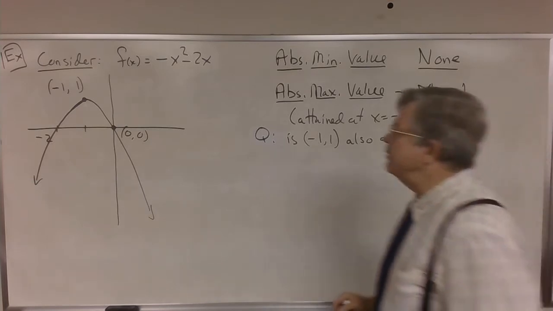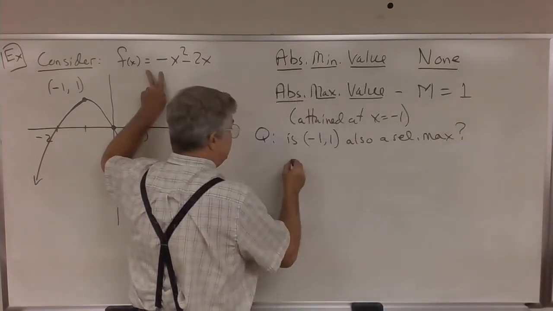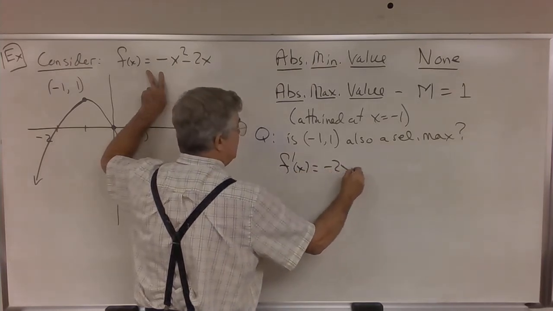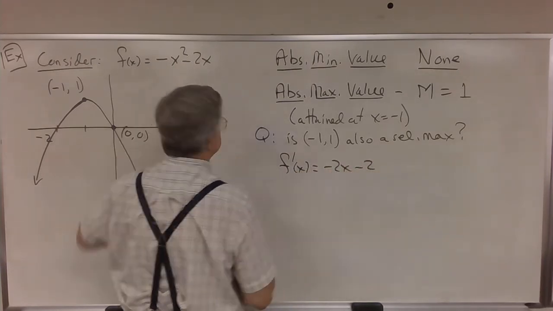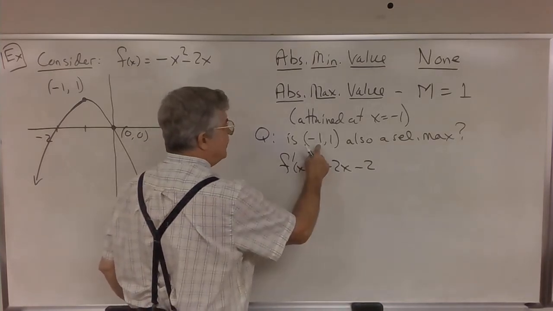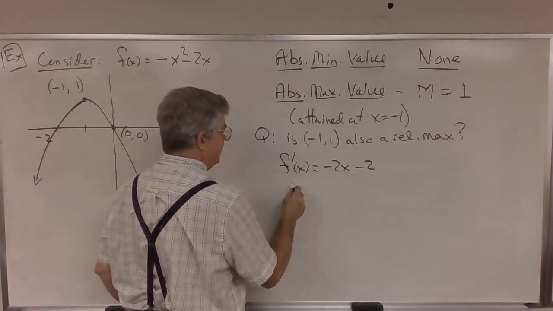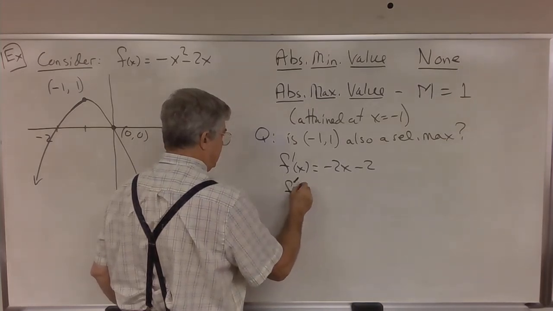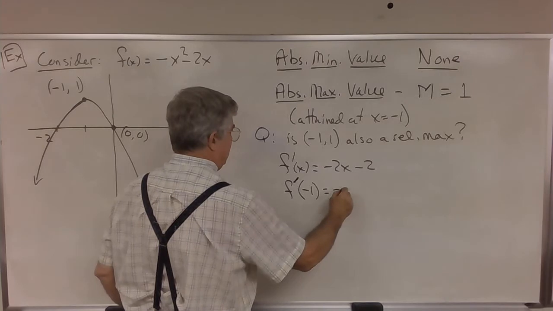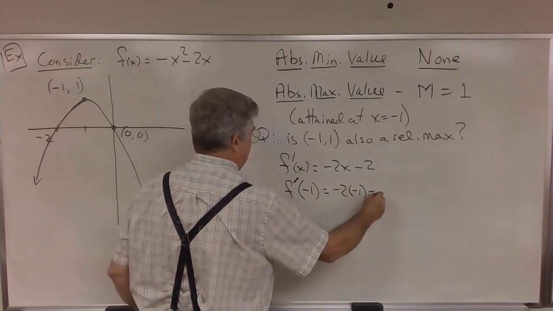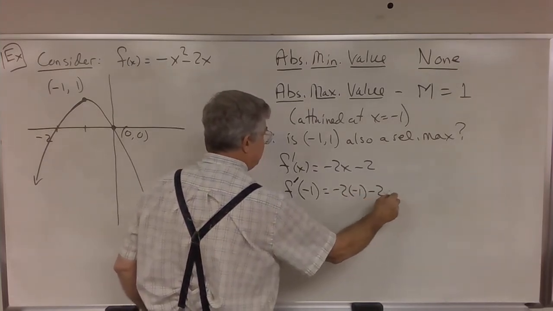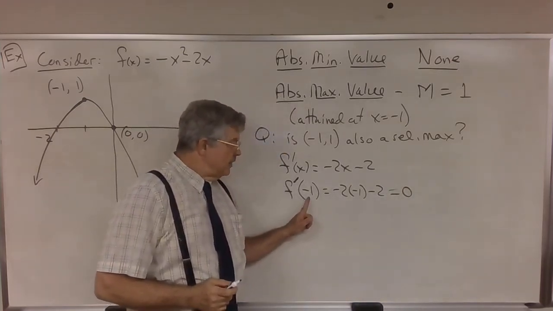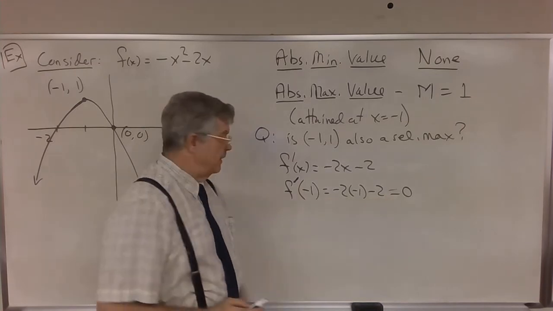So let's check it out. Let's compute the derivative of this thing. F prime of x is -2x minus 2. And let's just take -1 and plug it in here and see what happens. So we get 2 minus 2 is 0. Yup. When we plug -1 into the derivative, we get 0.